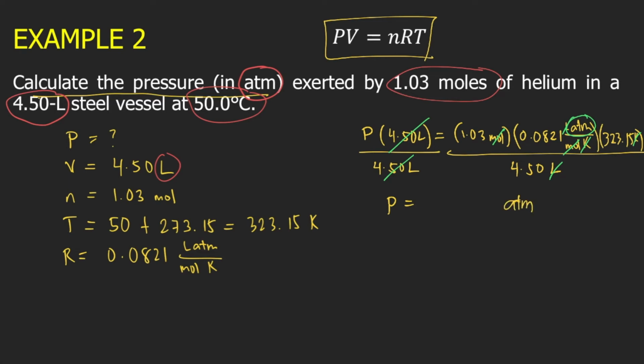And then we solve the right-hand side of the equation. 1.03 times 0.0821 times 323.15 divided by 4.50. This is equal to 6.07 ATM. This is the answer to the question.